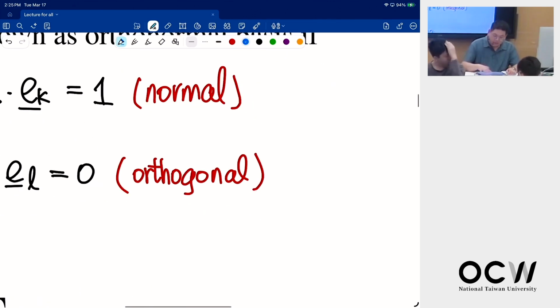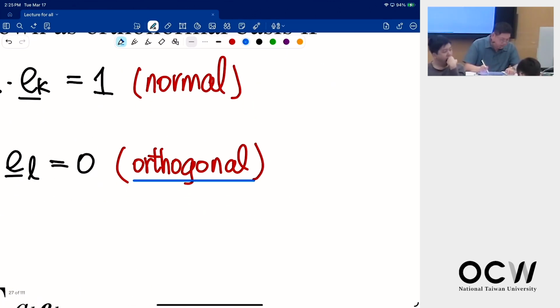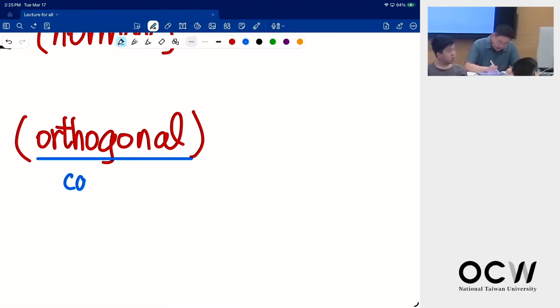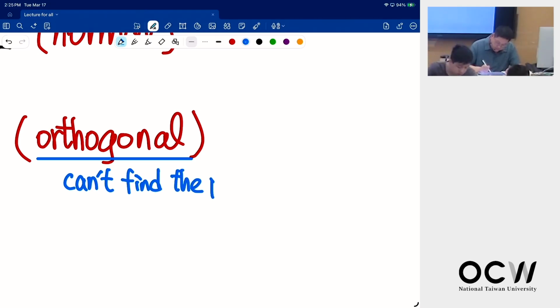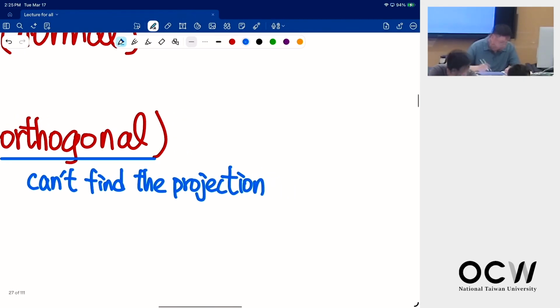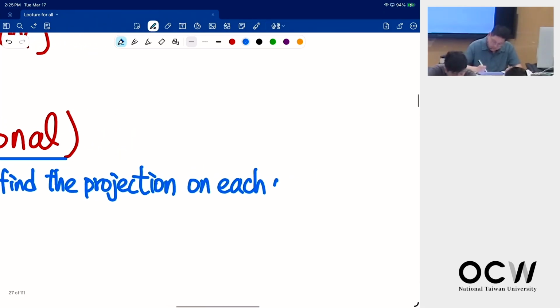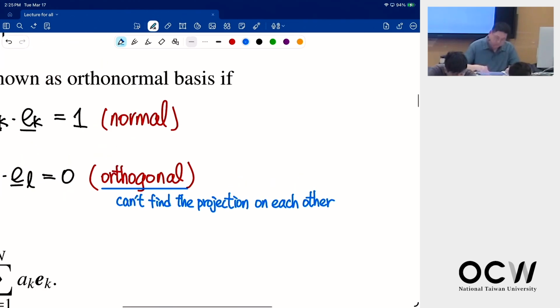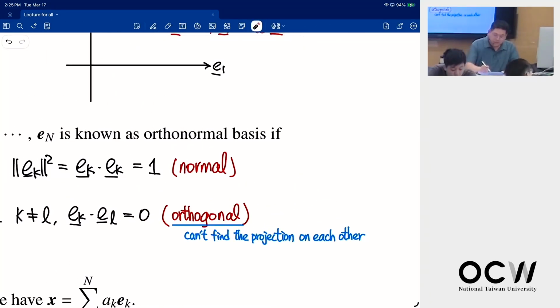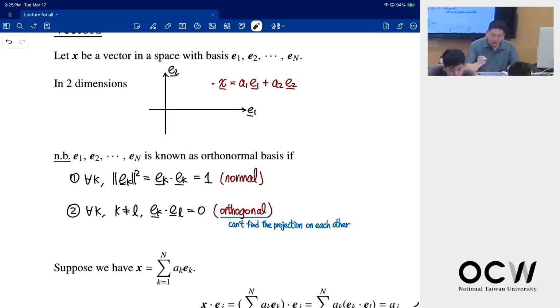And orthogonal means you can't find the projection on each other. That's called orthogonal. So if your bases are normal and also orthogonal, then we say those bases are orthonormal bases.